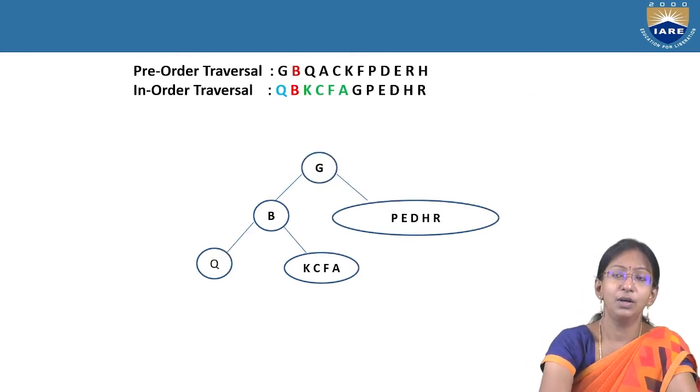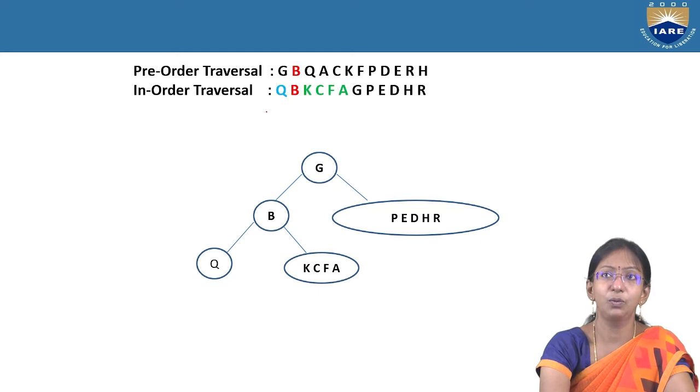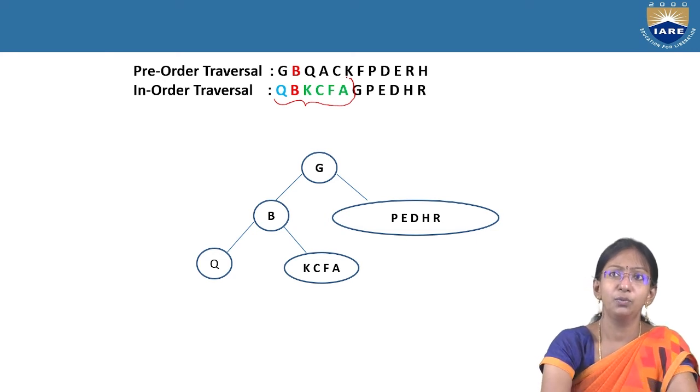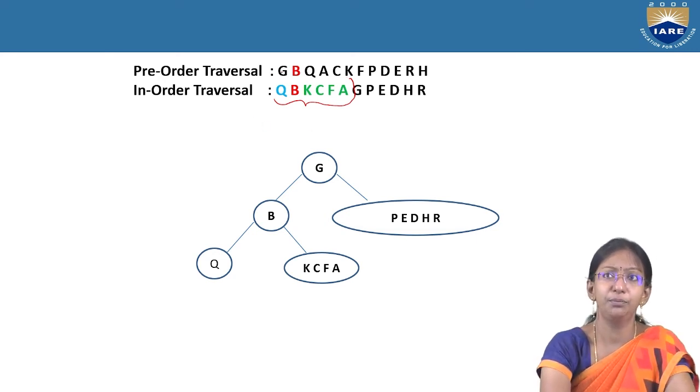Let's start. Have a look at this one. Let's consider only the part on the left of the tree. What is the second element in pre-order? Which is B. Try to locate where it is in in-order. Here it is.